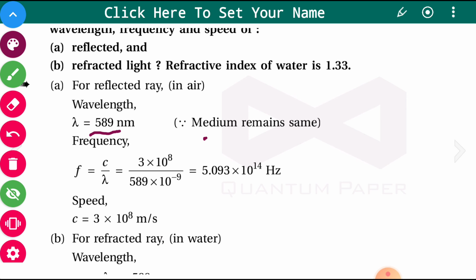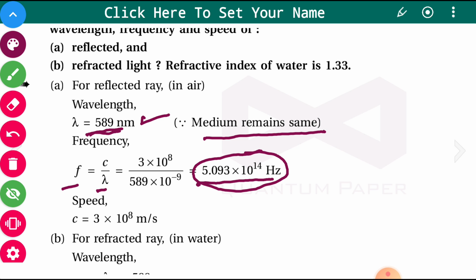The medium is the same, therefore the reflected light will have the same wavelength, it will not change, it will remain 589 nanometer. Frequency is c upon lambda, where c is the velocity of light. If you simplify, you will have the frequency to be 5.093 into 10 raised to 14 hertz.